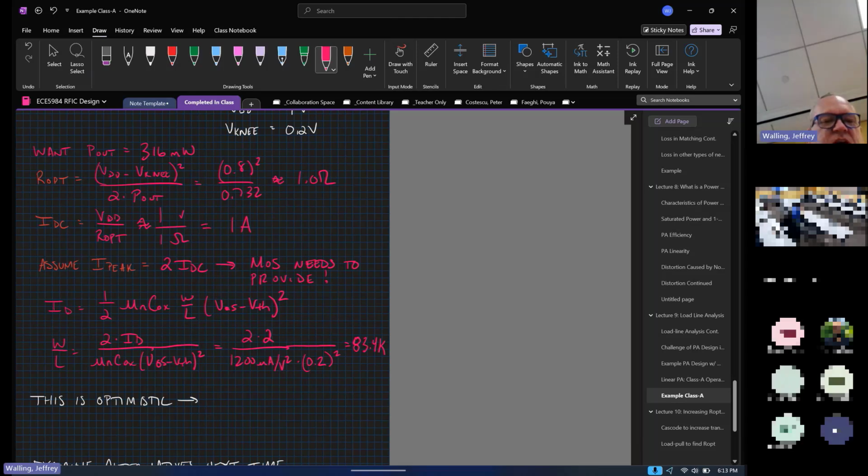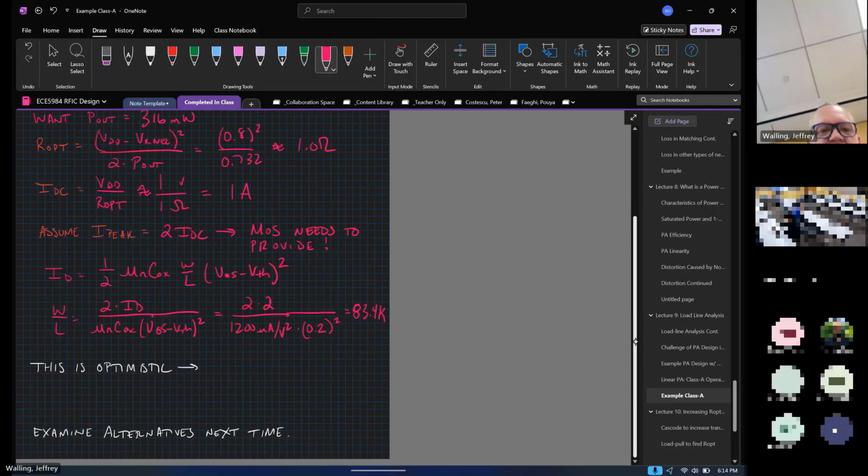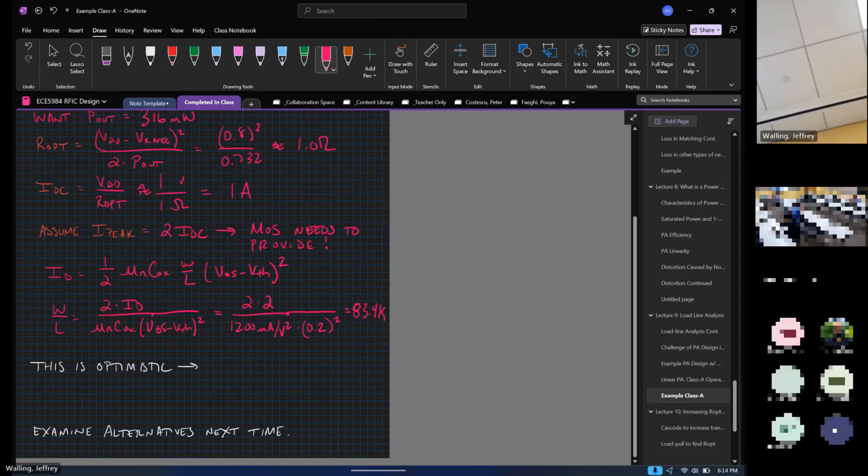So that's okay. We do need a very big device, but we can live with that. It's something like 1.6 millimeters width, 20 times 20 nanometers. The area ends up not being that bad.